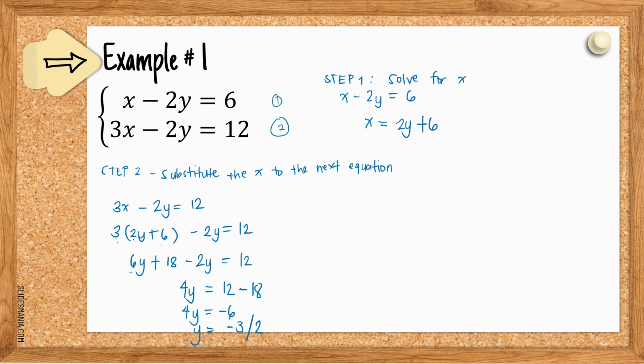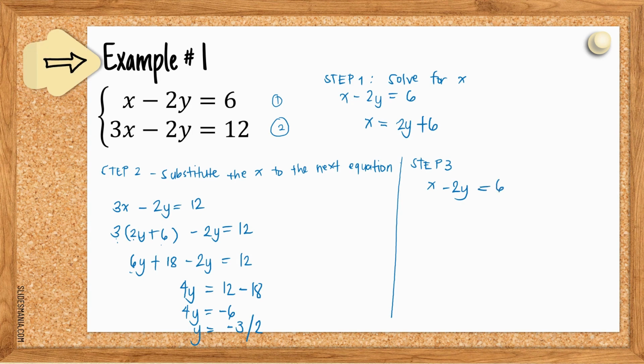So step number 3. Now that we obtained the value of y, let's substitute the value of y into our equation to get the value of x. Let's use equation number 1 since it's easier. x minus 2y is equal to 6.